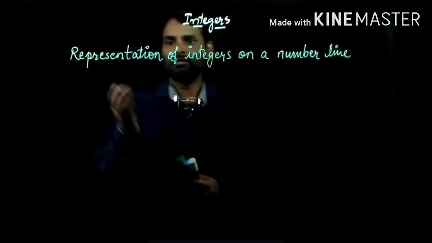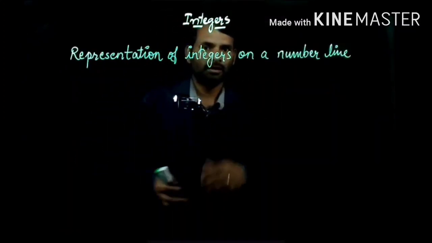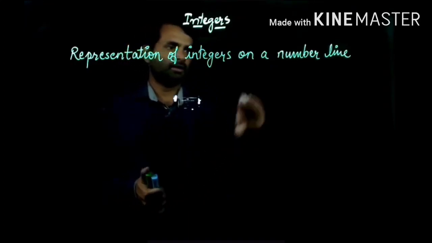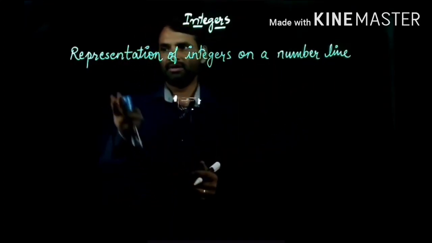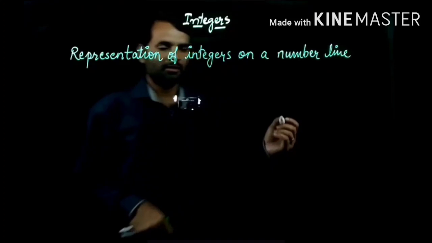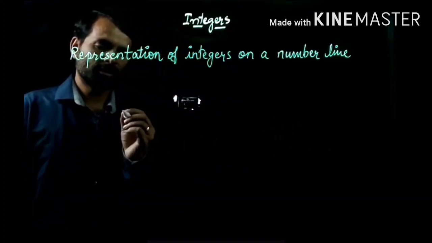The next topic is to represent the integers on the number line. In 5th class you already know the number line, but here we represent the integers on the number line. First you draw a line.